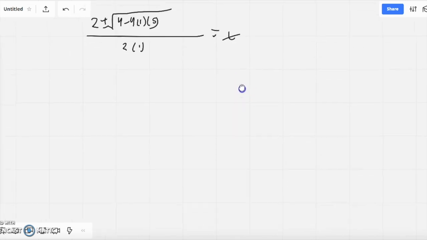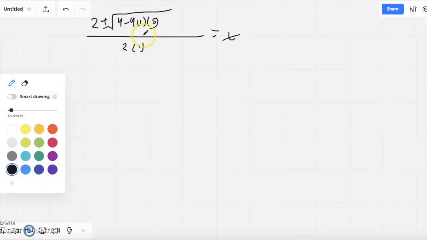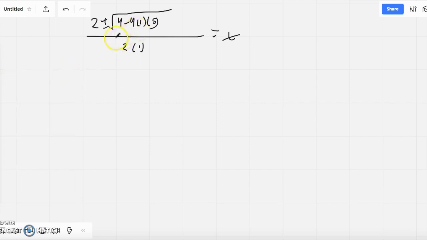Once we get here, we'd continue on and see that this would still be 2 plus or minus the square root of 4 minus 20, because this equals minus 20. So then it'd be negative 16 over 2 is going to be equal to x.